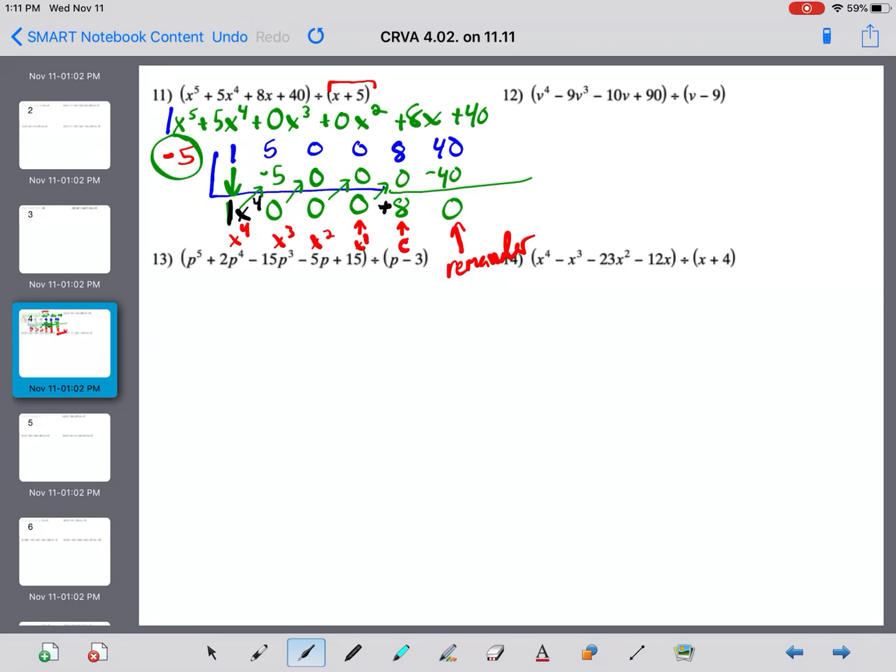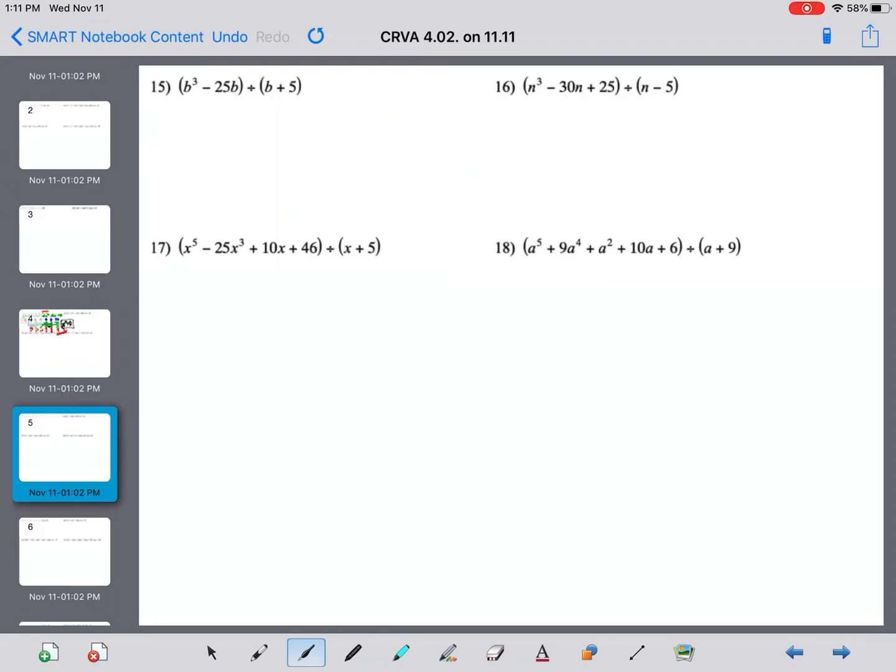So let's rewrite this really pretty. We just have an x to the 4th plus 8. That's it. No remainder, no x to the 3rd, x squared, or x to the 1 terms. There we are, bada bing, bada boom. But the key there was making sure that you acknowledge missing terms and put a 0 in place of them.